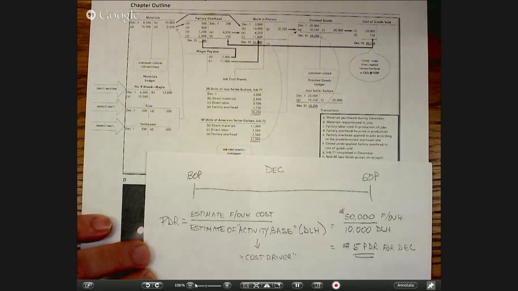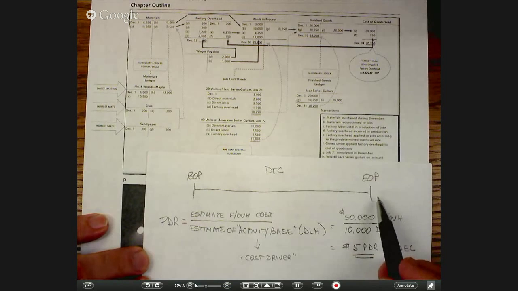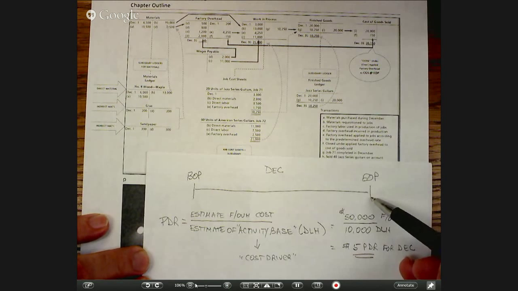This is a calculated value, and it represents the average cost that the company might incur. Of course, estimates are just that, and they could be incorrect. At the end of the period, the amount of overhead that's actually incurred could be more or less than predicted. What happens in a case like that?